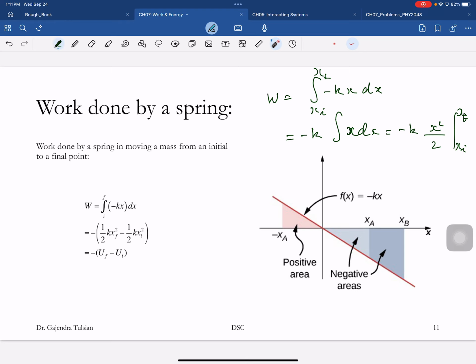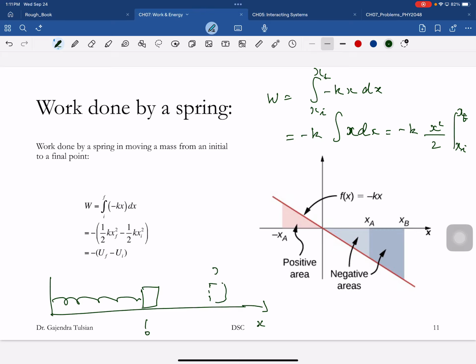Let me point out something neat about this. Here was the equilibrium position, and let's say I move the object from x initial to x final. How much work did the spring do? It did one half k x final squared minus the corresponding initial term.